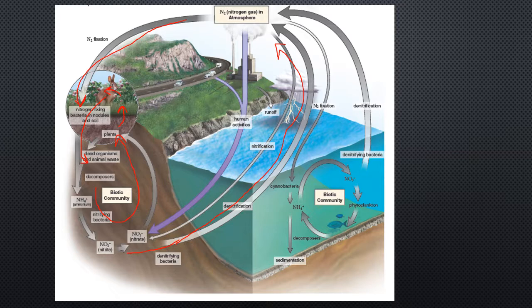And then there are also cyanobacteria that absorb it, and as they decompose, or you turn it into usable form, then it can go through the phytoplankton and back into the biotic community within the water. So there are all kinds of ways that various chemicals can cycle through various communities.